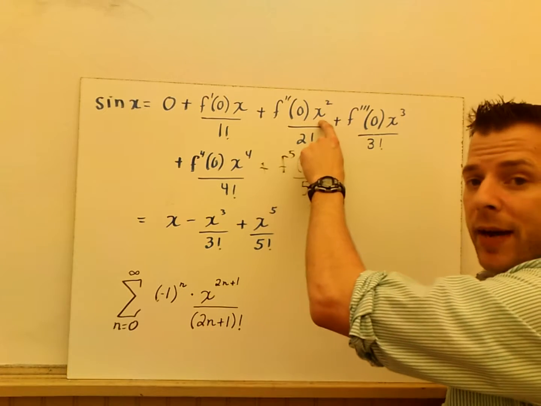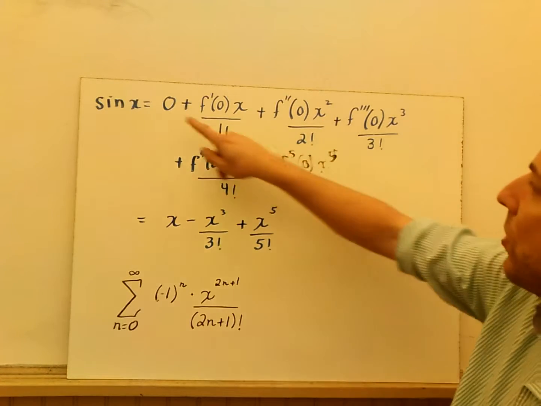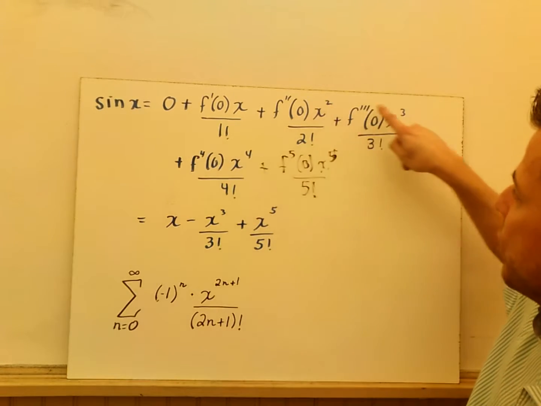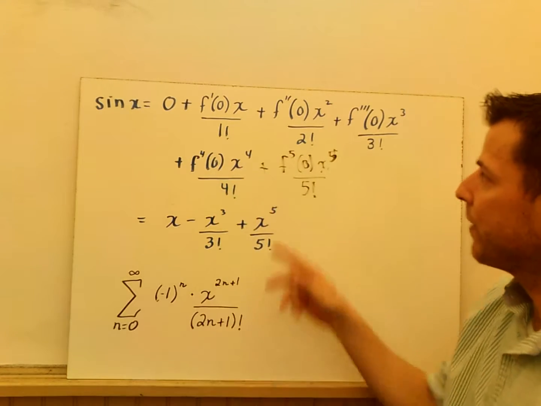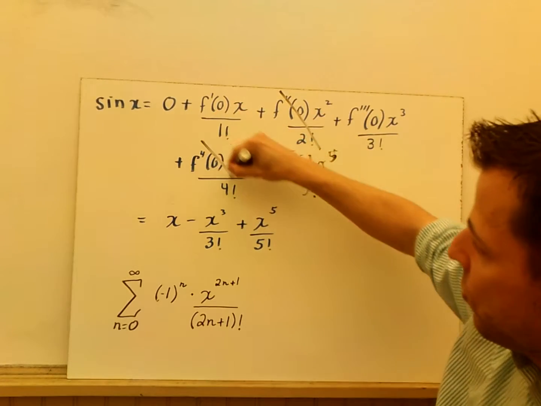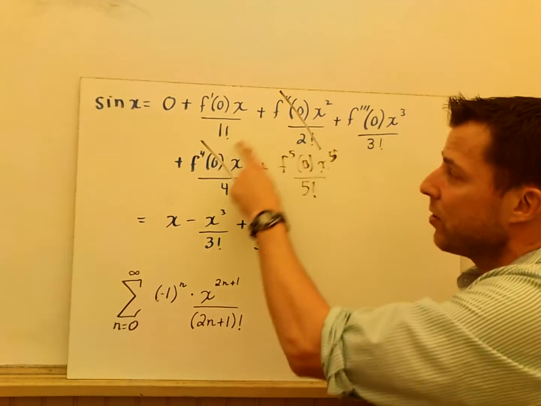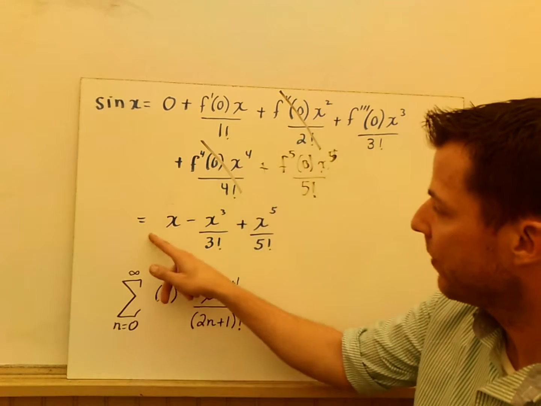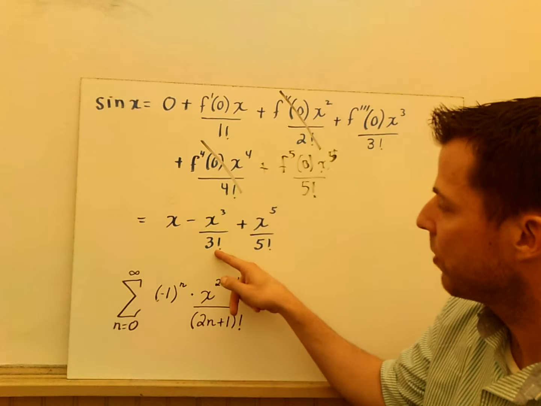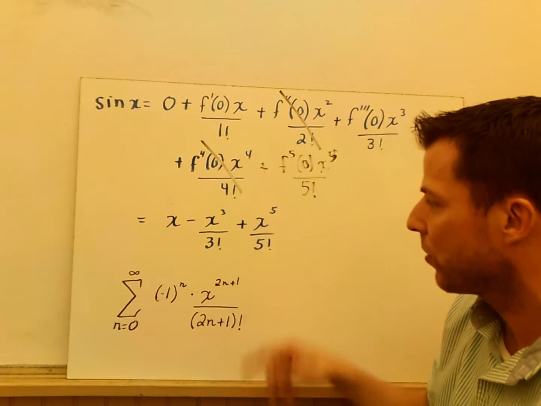Now notice how I don't have the x minus a like I did in example 1 because it's 0. Okay, and so 0 term, first term, second term, third term. If I simplify those out, this term goes away. The fourth term's going to go away because the evaluation of that derivative at 0 is 0. So I'm left with x minus x cubed over 3 factorial plus x to the 5th over 5 factorial.